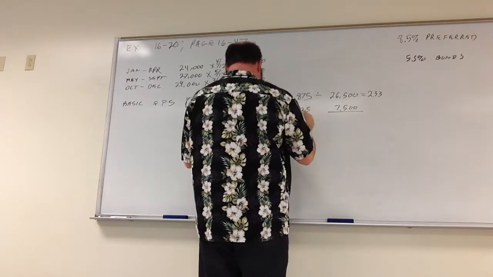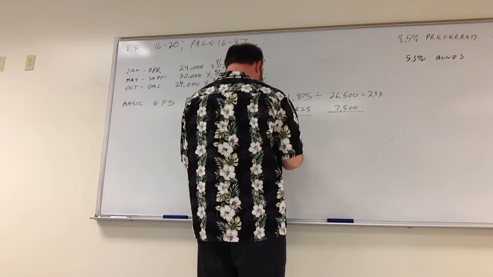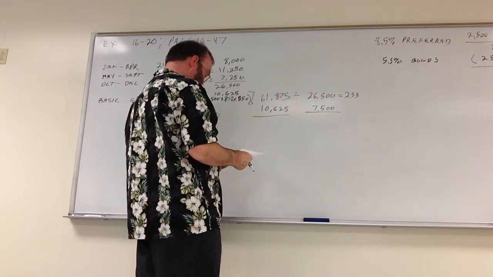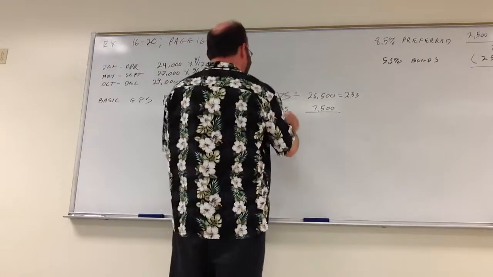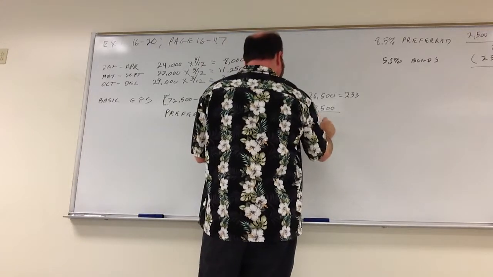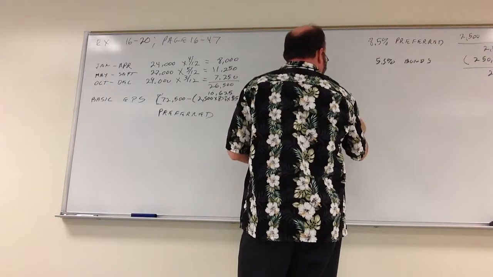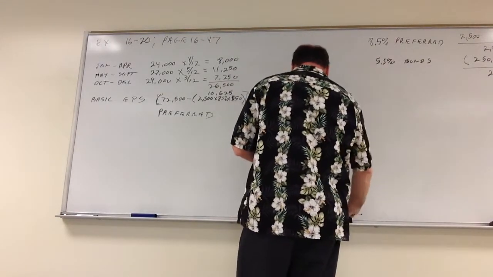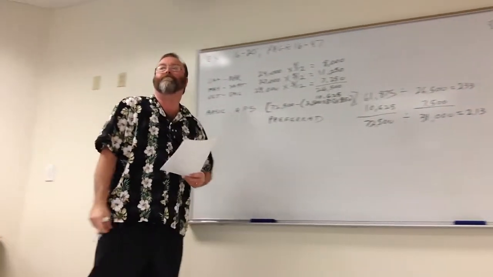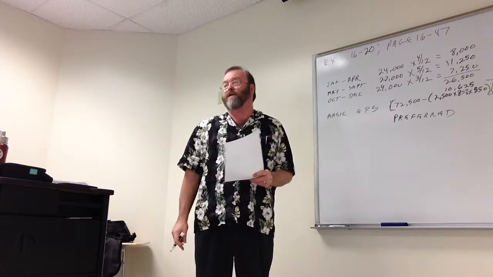That gives us 72,500 and 34,000. Divide those two, and we now have $2.13. That's the first step of the diluted earnings per share.